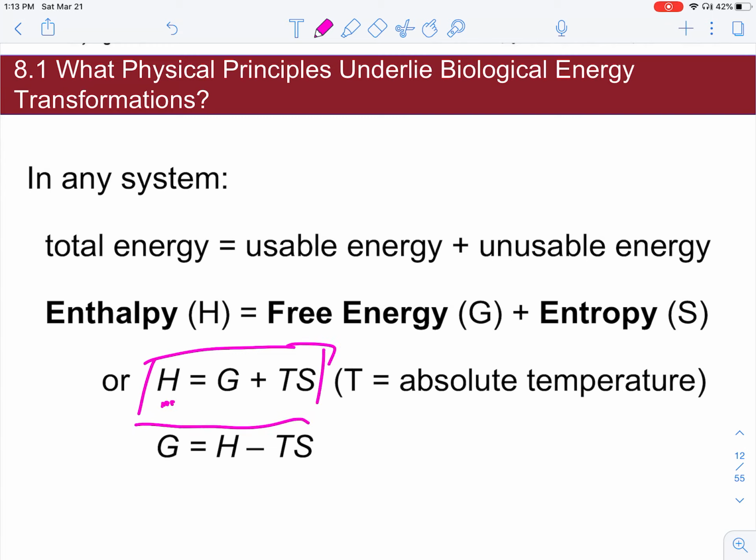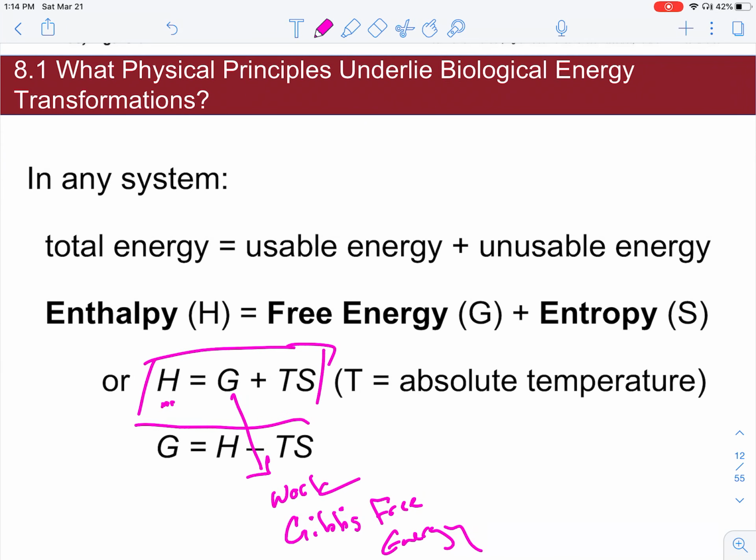Here, the total energy H is equal to the amount of energy that's available to do work, and we call that G because it's for Gibbs free energy, plus the amount of unusable energy, entropy, that is a function of temperature, T. So that makes sense. The total energy must be the energy that's available plus the energy that's not available as a function of temperature, right?